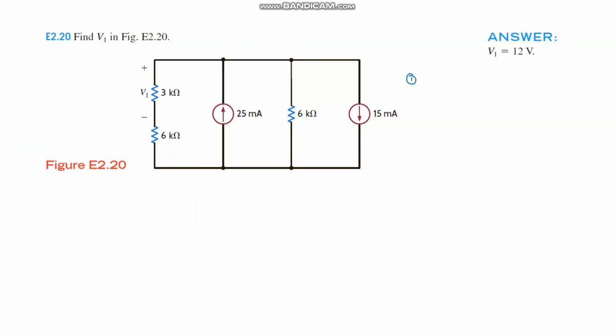First step is identify the number of junctions, and second step is indicate the junction voltages.